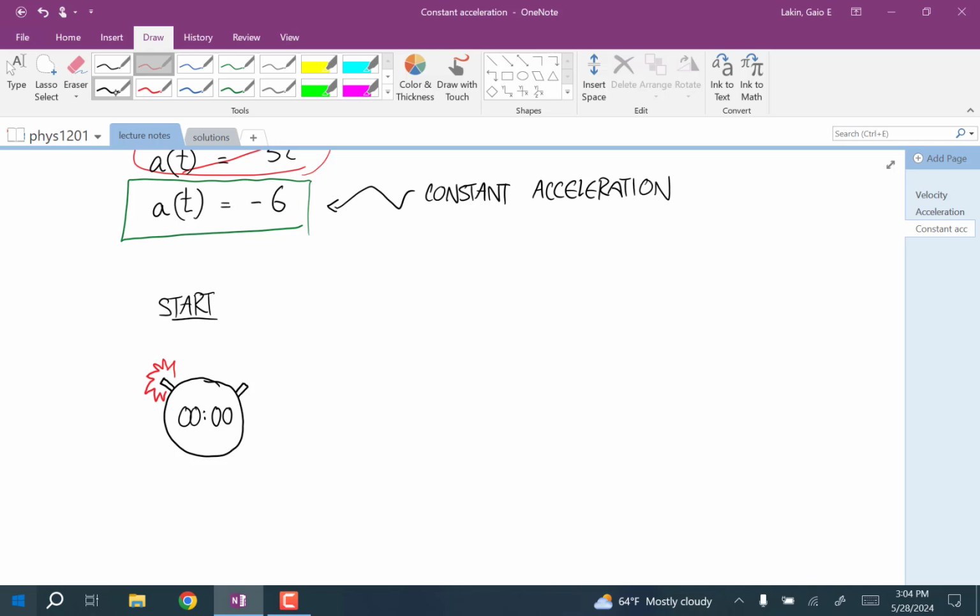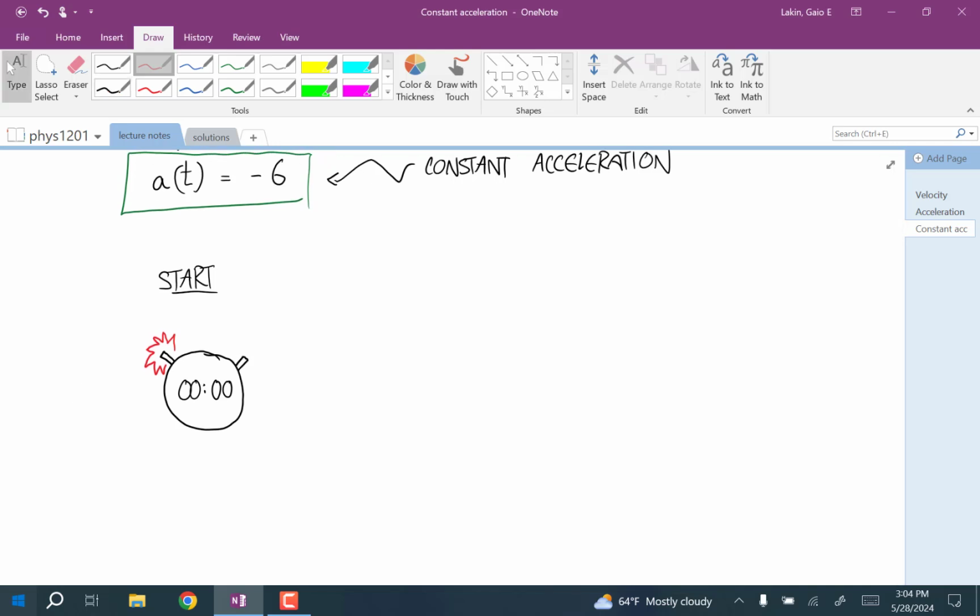And for all of these calculations, here is what we're going to use. At this instant that you turn the stopwatch on, our time is equal to 0 because that's what the stopwatch says.